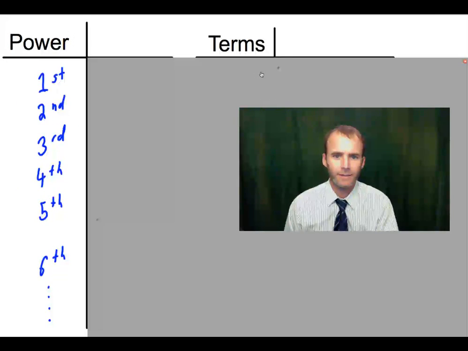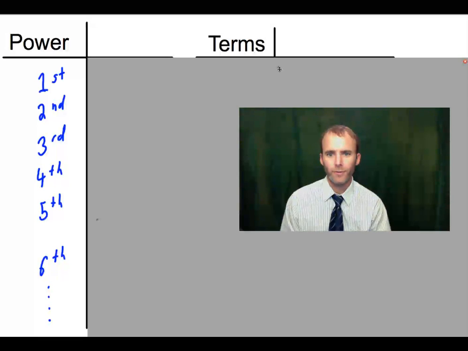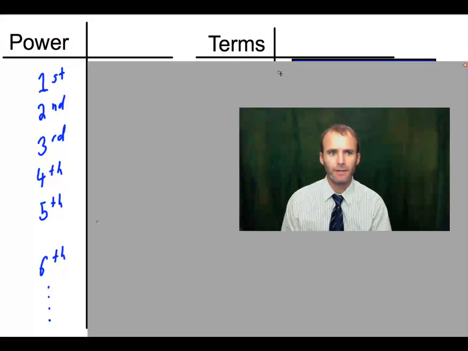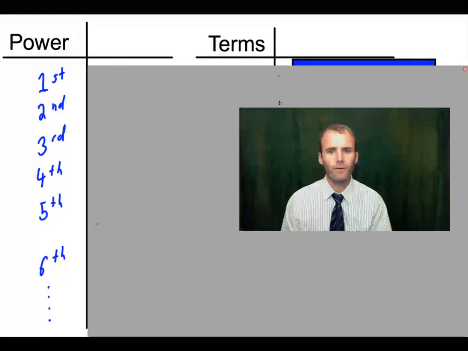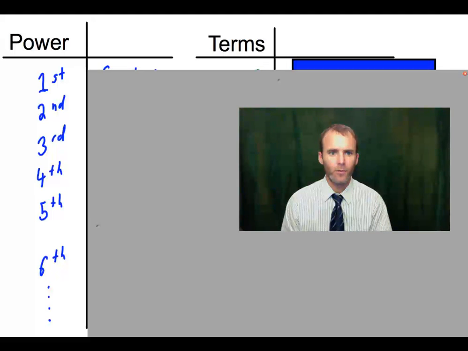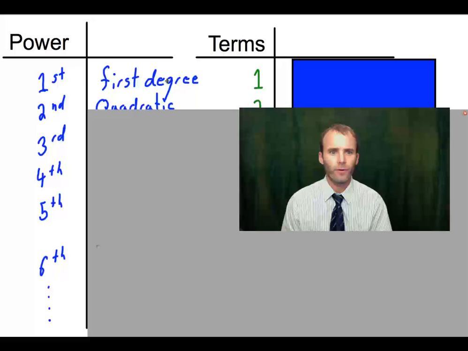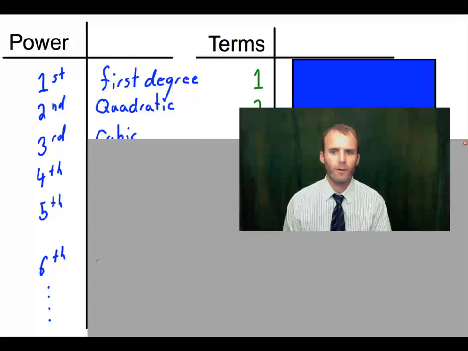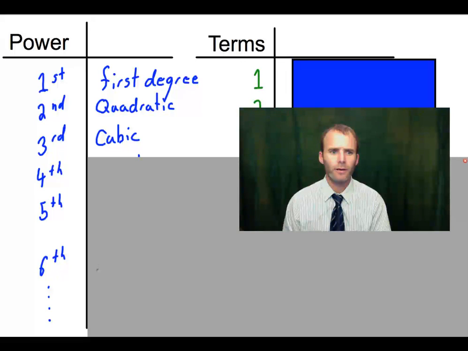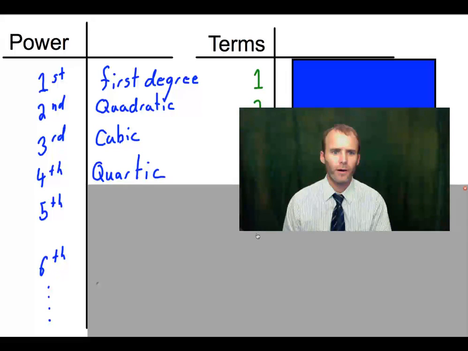Okay, so take this chart down in your notes, and on the left hand side we have the powers. So if it's power of 1, then we can simply say that it's a first degree polynomial. If it's a power of 2, we can say it's a quadratic, power of 3, cubic, fourth power is a quartic.